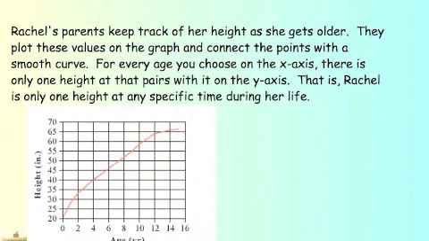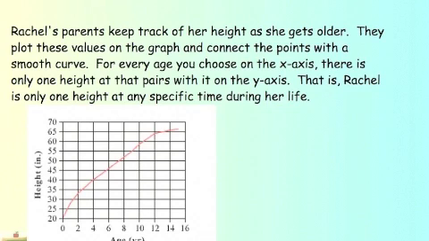This is an example of a function. This is a growth chart of Rachel's height as she grows. You will notice that for every age, for example, at age 2, Rachel is approximately 33 inches tall.